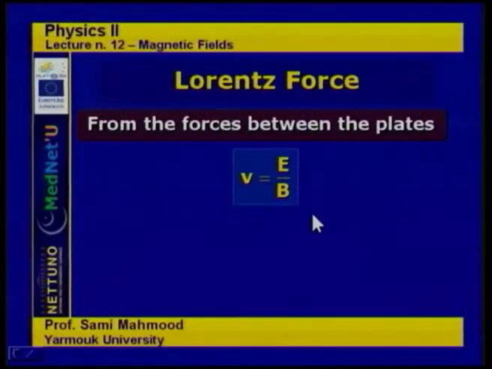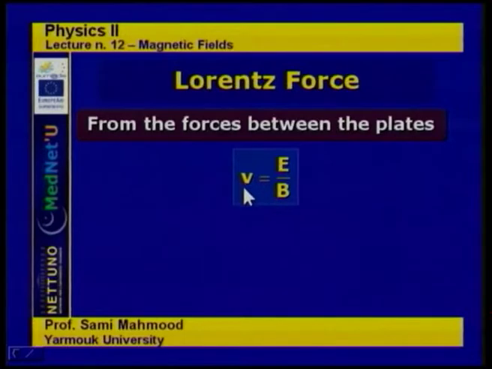From the equivalence of the two electric and magnetic forces, we obtain the velocity of the particle as it emerges from the velocity selector: it should be E over B. So by changing E and B until the forces are equal, and until we see an electron emerging from between the plates, then E over B is the velocity.